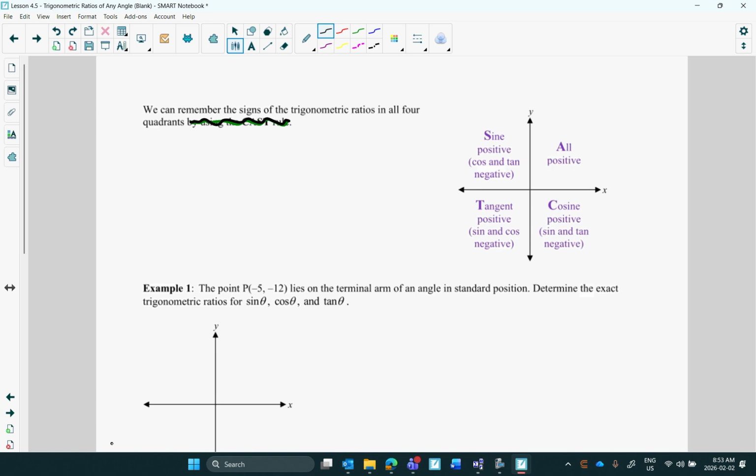People start at A and then they go A, S, T, C. What could that possibly stand for? Well, way back in 2016, one of my classes decided that it stands for All Snakes Talk Crap. All suckers take chemistry. Whatever you want it to stand for, however you can best remember it, go with it that way. Okay?